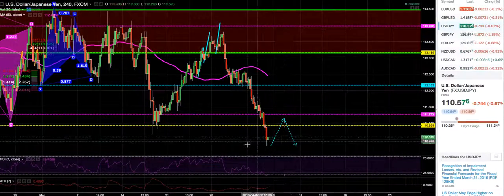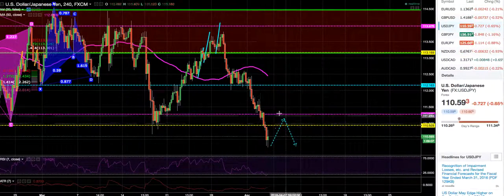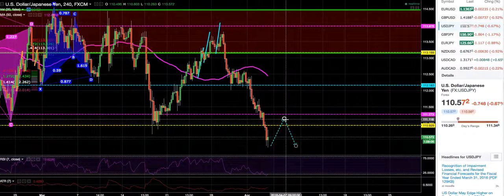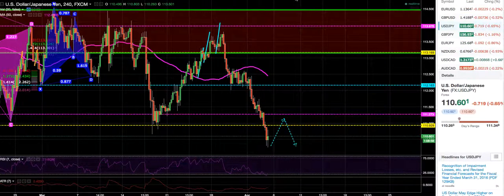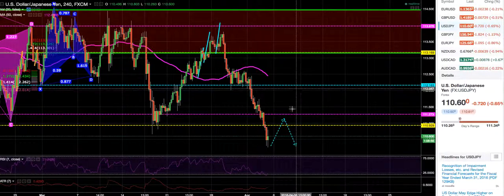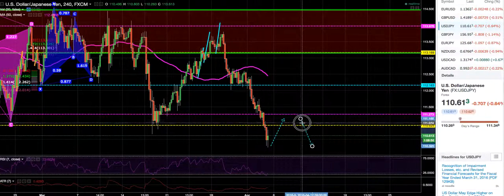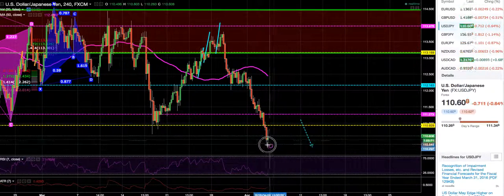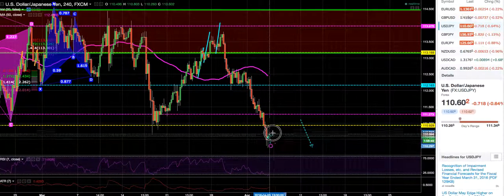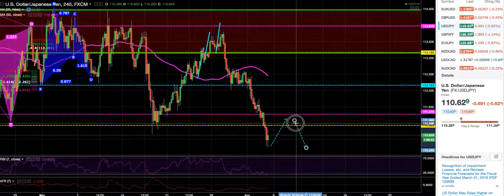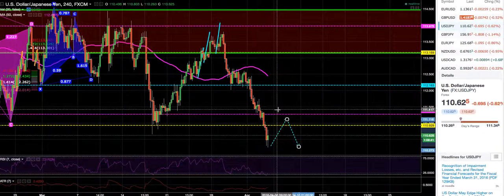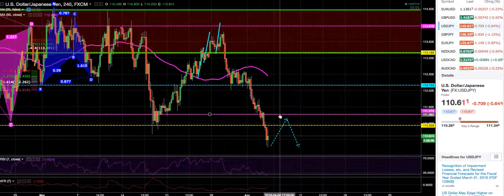If you are able to get into this level right here, this is where I will begin to try and look for a short opportunity, right? But here's the thing, guys. If the market just takes a green candle and pushes all the way up here, our problem becomes, where do we place our stops, right?